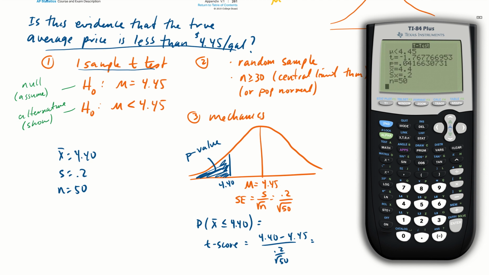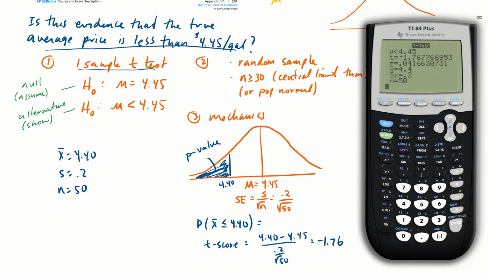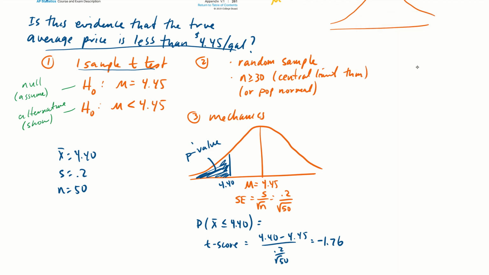And so this gives me my t-score, negative 1.76. And my p-value is 0.042, which is, of course, 4.2%.